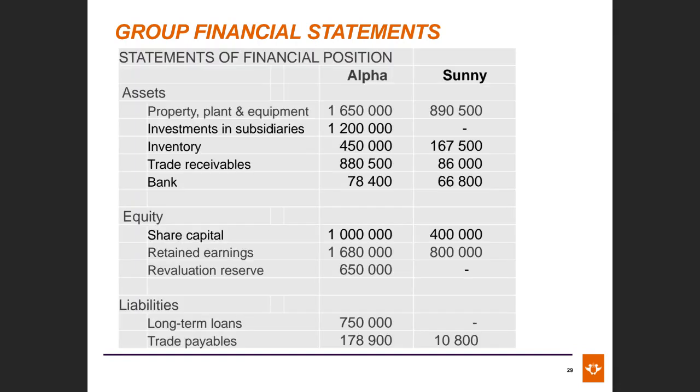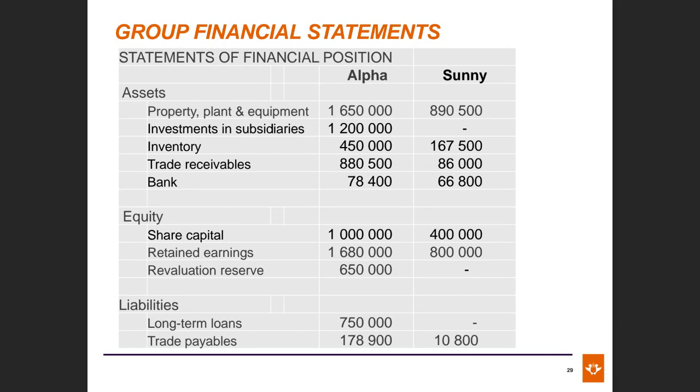They showed us Alpha and Sunny and all of the assets and liabilities. Alpha has 1.6 million PPE, Sunny has 890, and Alpha has an investment in subsidiary of 1.2 million. And you will see here that Sunny has share capital of 400,000 and retained earnings of 800,000.